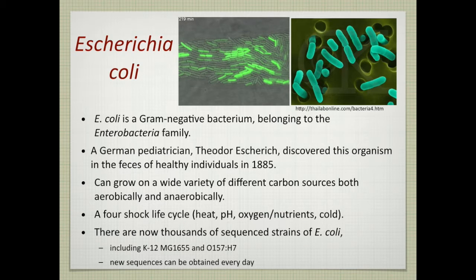So there are now thousands of sequenced strains of E. coli, and it's quite likely that before too long essentially every infection diagnosed will have the pathogen sequenced. So this information is becoming very cheap and easy to get.